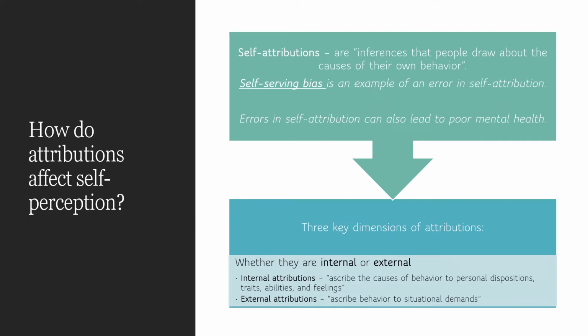Sometimes these errors in self-attribution can be responsible for poor psychological health. So, for example, when we think about depression, depression can often be seen as a function of a maladaptive style of self-attribution that's opposite of the self-serving bias. So sometimes people, especially depressed people, may attribute positive outcomes to external causes, but negative outcomes to internal causes.